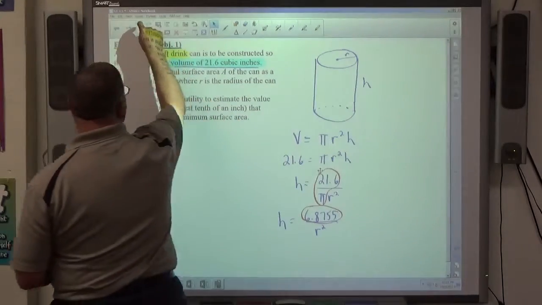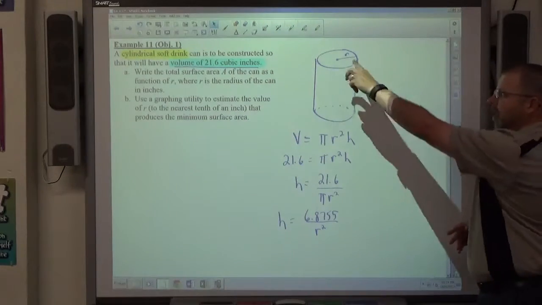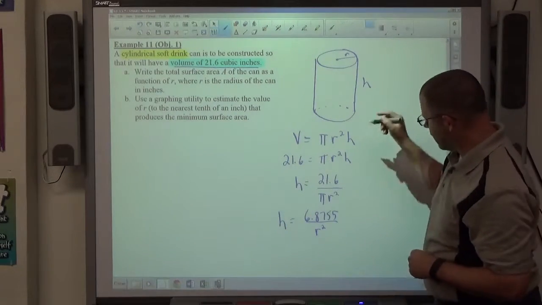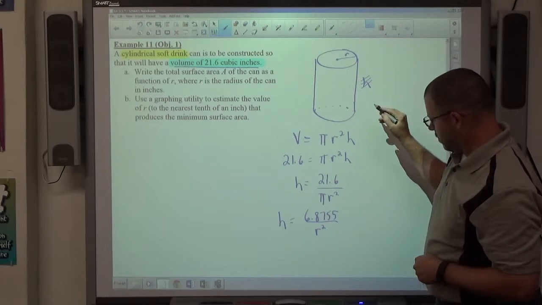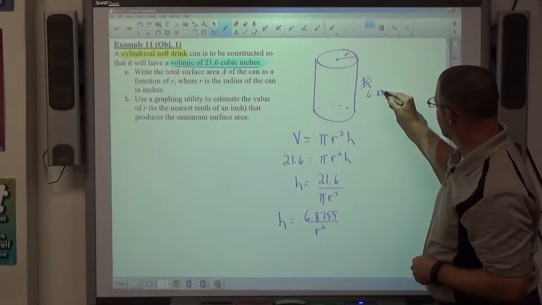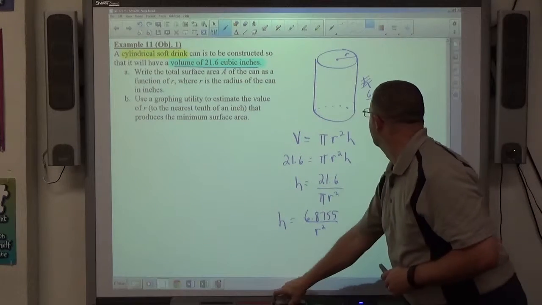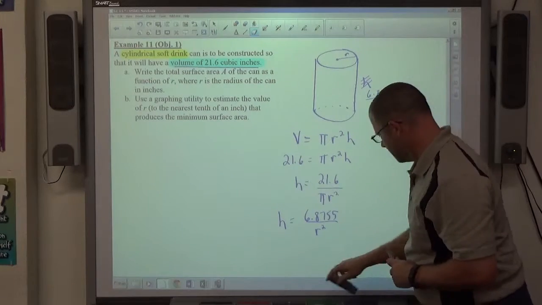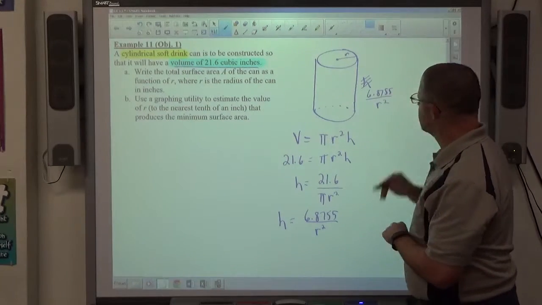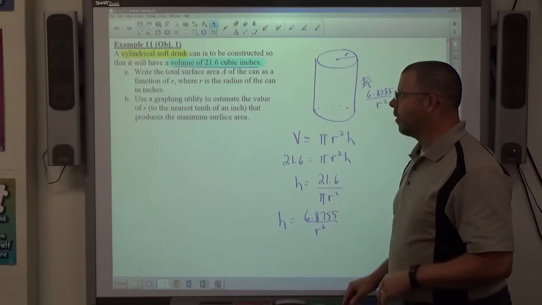All right, and again, that's a necessary step in this problem. It allows us to, instead of having 2 letters to deal with now, I've only got 1 letter. Instead of h, I'm going to put on this picture 6.8755 over r squared. And again, that's priority 1.